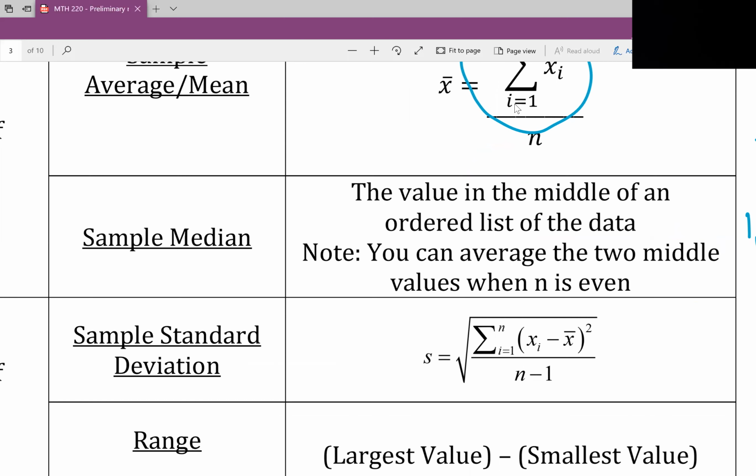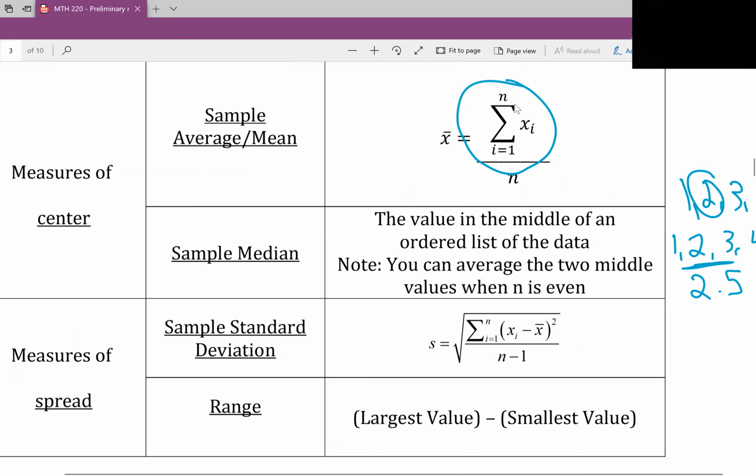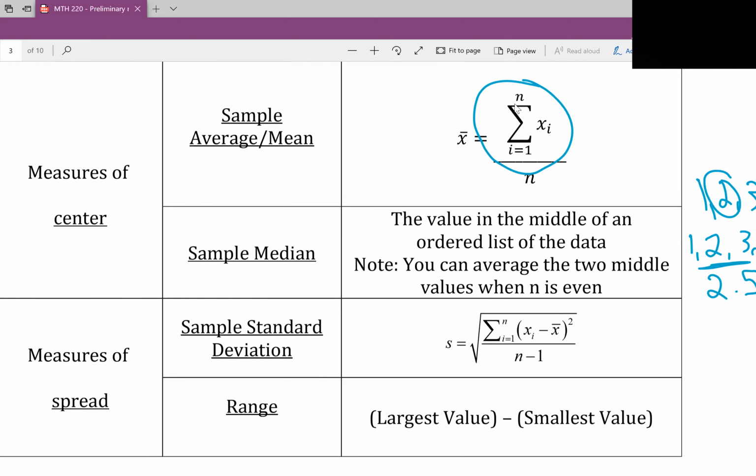I will post a separate video showing you how to do this calculation in your calculator. Another measure of spread is your range. That's when you take the largest value in your data set and subtract the smallest value from it. That gives you the range of how far your data stretches.